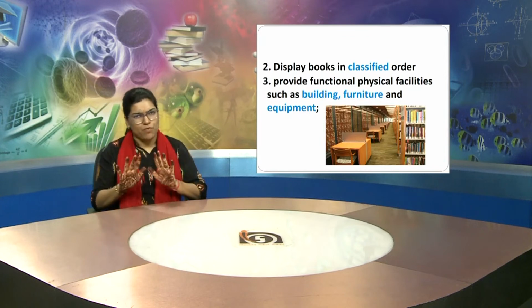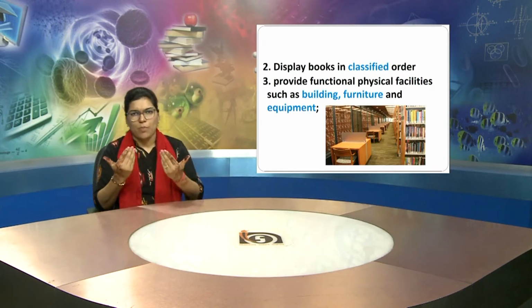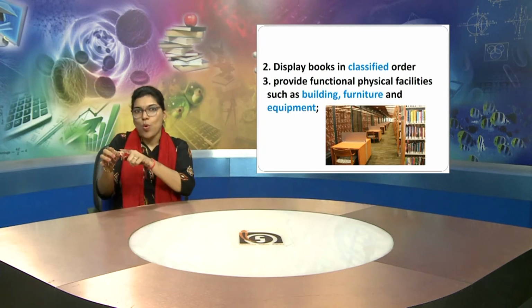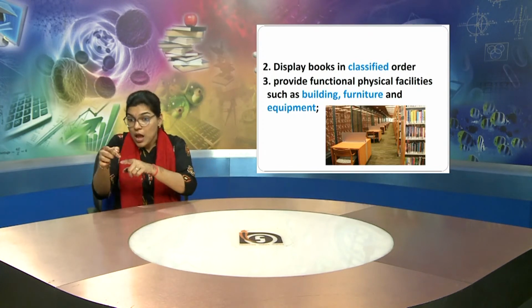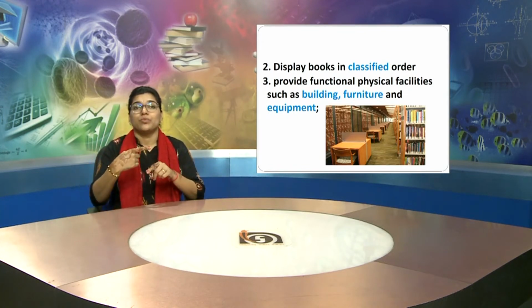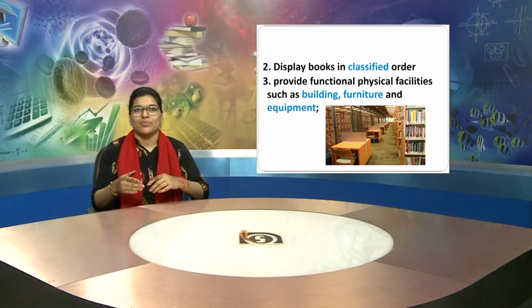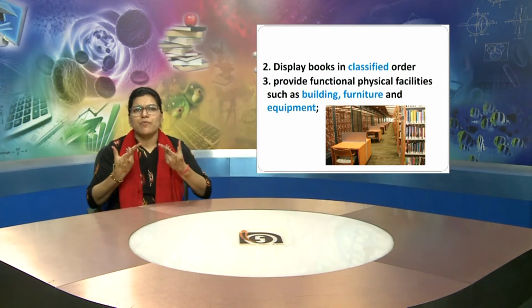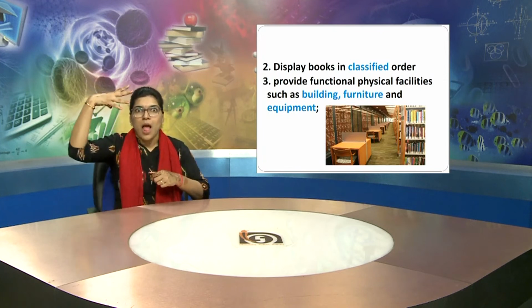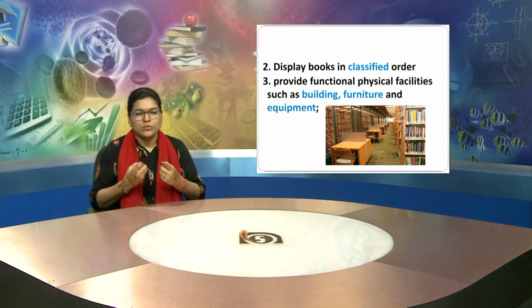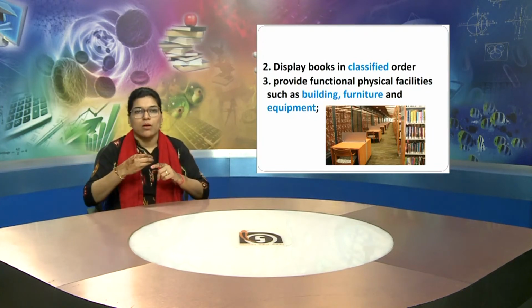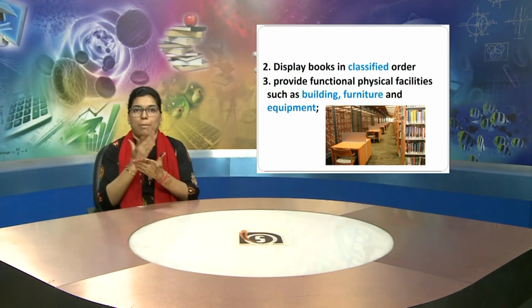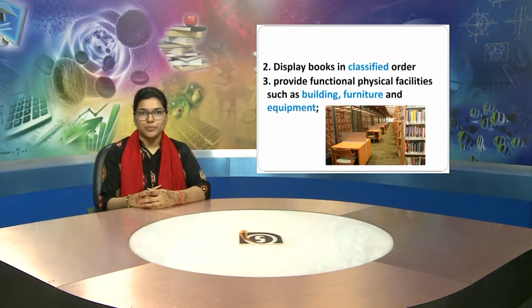The third function is to provide functional physical facilities such as building, furniture, like table, chair, all the shelves, all the physical materials, and all the equipment like lighting, the Wi-Fi, the laptop, desktop computer, CPU, everything needs to be provided by library.